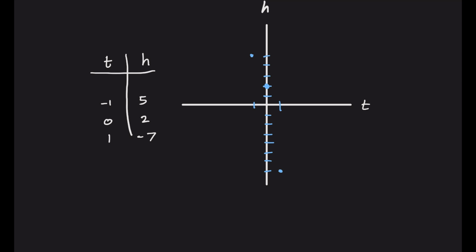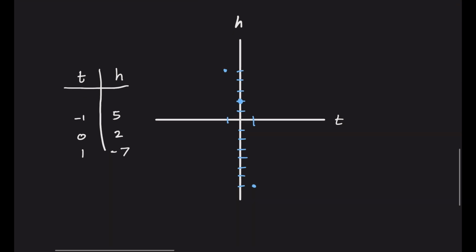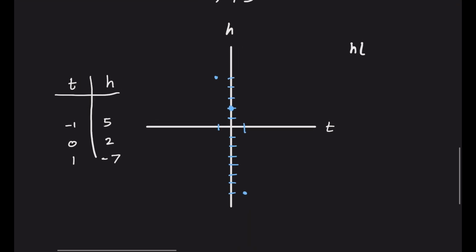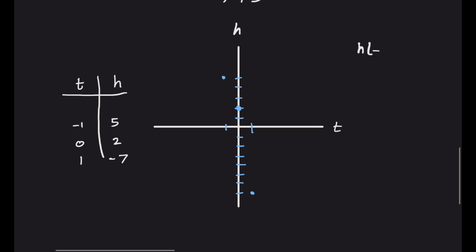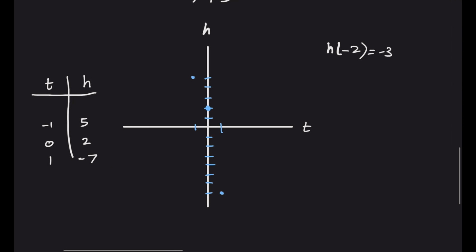Okay, let's see. Okay, yeah, looks good so far. We do need one more number, I think. Let's do negative 2 as well. Just because we don't really know what the graph looks like right now.